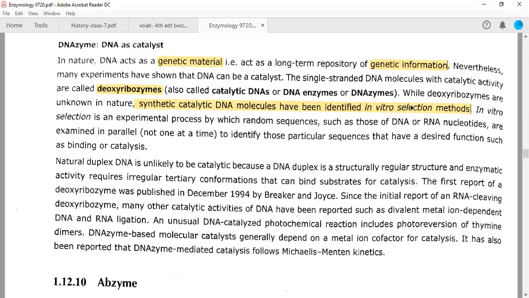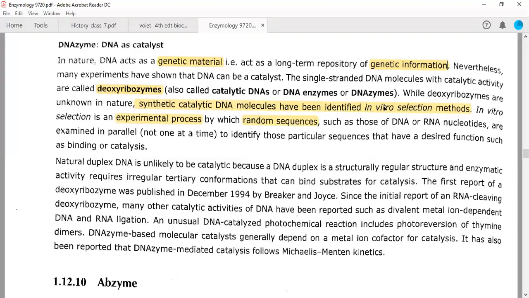Okay, so what is the in vitro selection method? In vitro selection method is an experimental process in which we select some random sequences, and we are able to identify some of the major applications of those random sequences, such as those of the DNA and RNA nucleotides, which are examined in parallel.